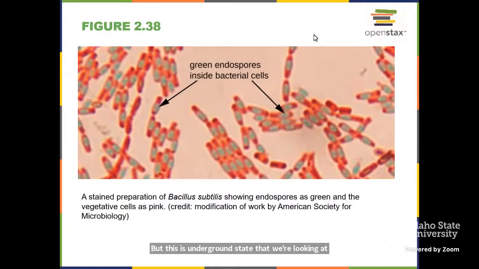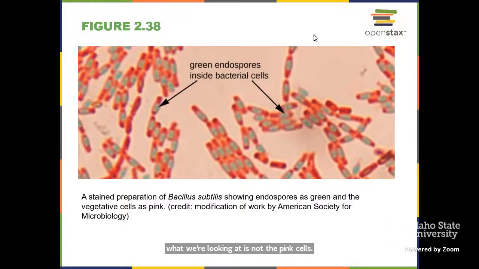So another one that you might initially look at and think, oh, we use safranin in here, these must be negatives, but you didn't do a gram staining procedure, right? You use safranin as just a simple stain, just as a dye, not something to tell us whether it is gram positive or negative, all right? So really what we're looking at is not the pink cells, it's the green stuff inside, all right?